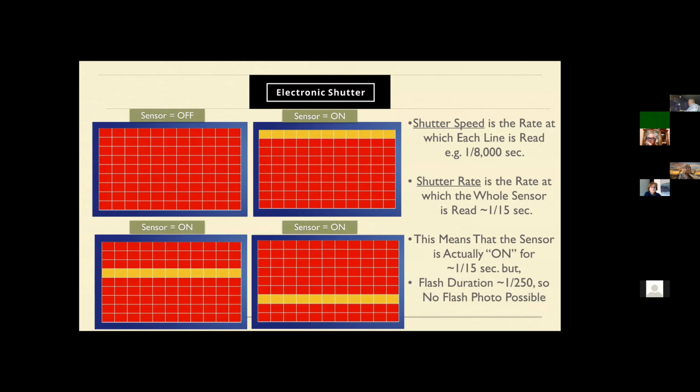So the flash won't be on for very long because it takes 1/15th of a second to read the whole sensor. That's how sensors are read. And as chips are getting faster and faster, that reading is becoming faster and faster. And that's what's happening in the new Canon. But mirrorless cameras will get better and better in the future.